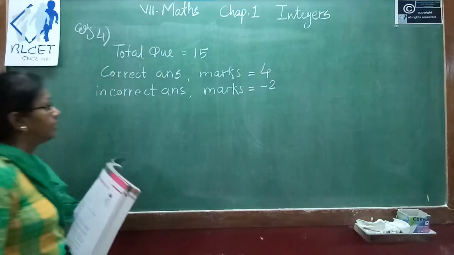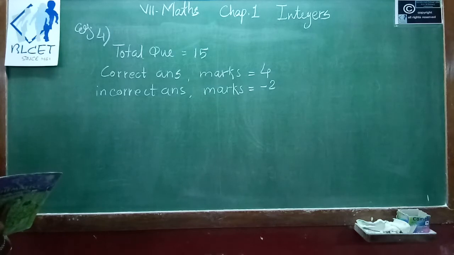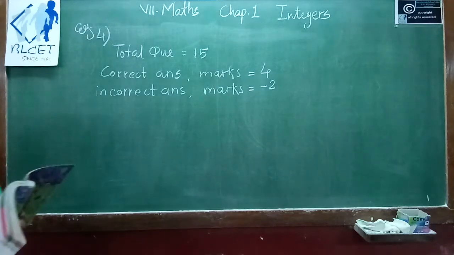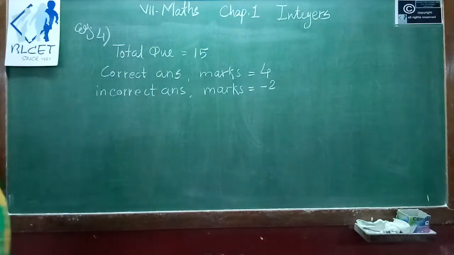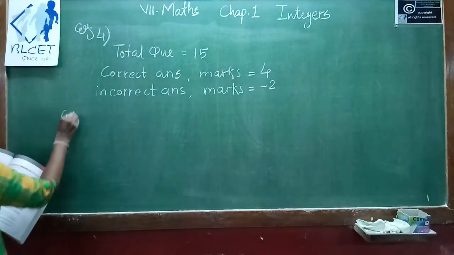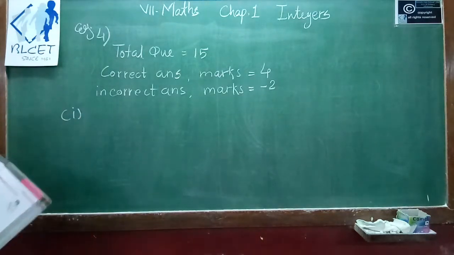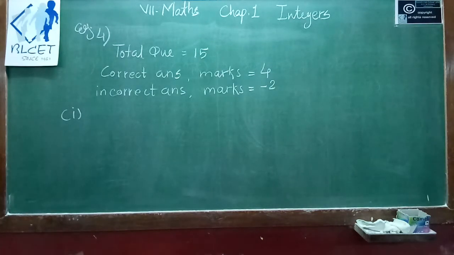Why minus? Incorrect means you have to subtract from the total marks. Now the question is, Meena attempts 9 correct. So what is her score?